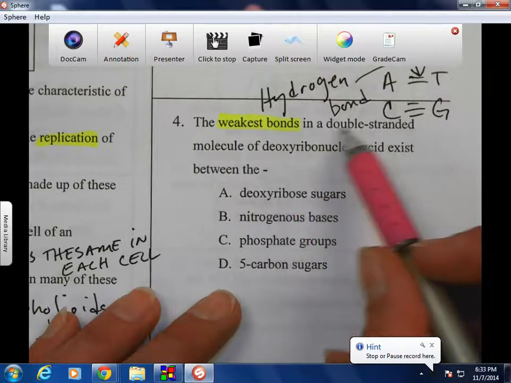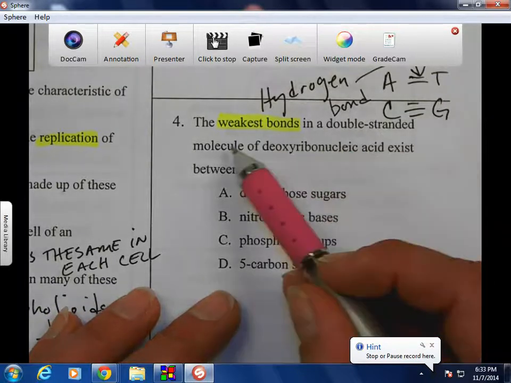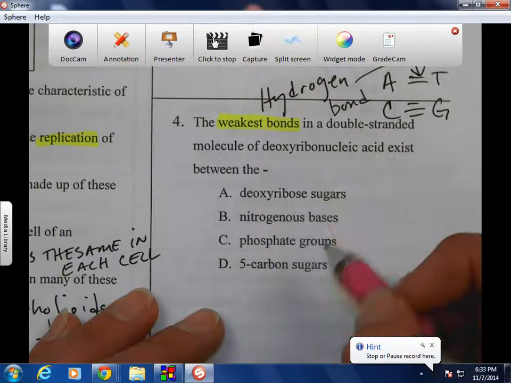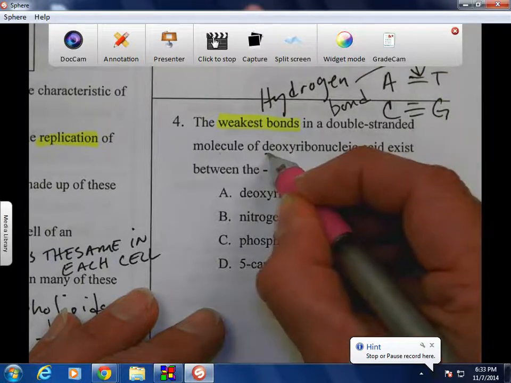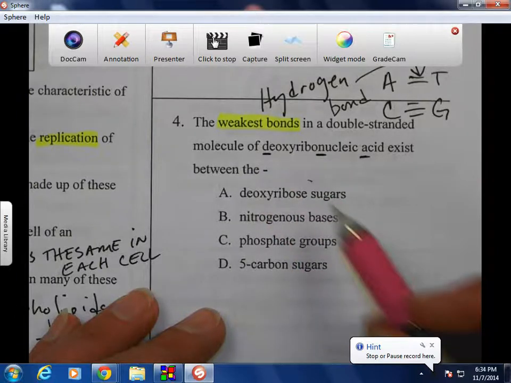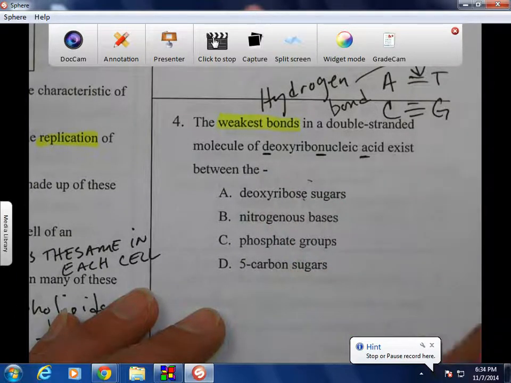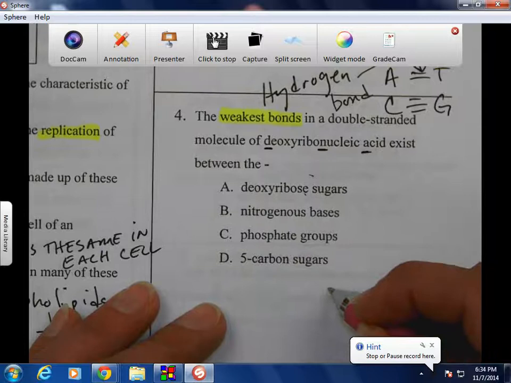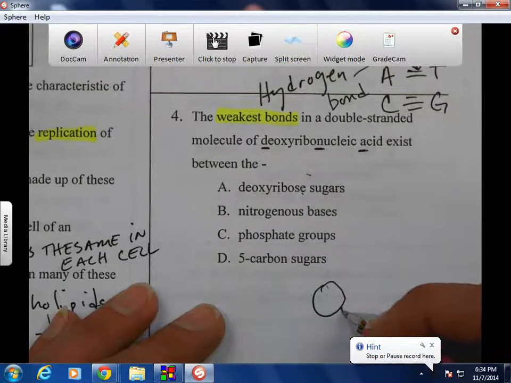All right. It says the weakest bond in a double-stranded molecule of deoxyribonucleic acid, DNA, exists between the deoxyribose sugars. Well, I'm going to draw a nucleotide down here. There's the phosphate. Here's my sugar.